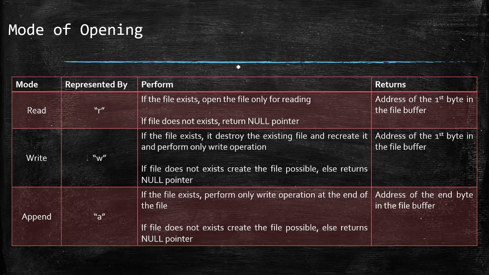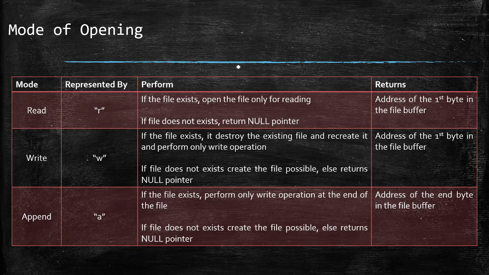As it destroys the file, all the content in the file will be lost and the newly created file will be blank. So the file buffer will have no data in it, which is not the case in read mode. If the file does not exist, then it will create the file.